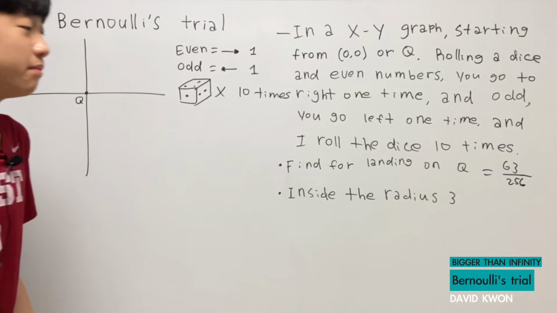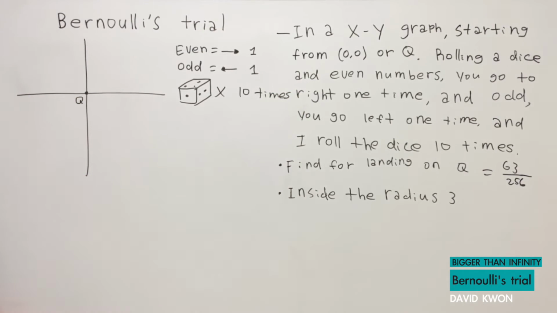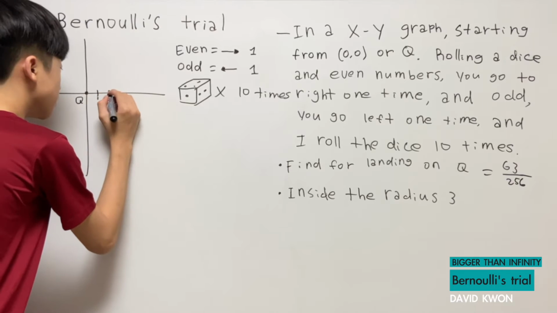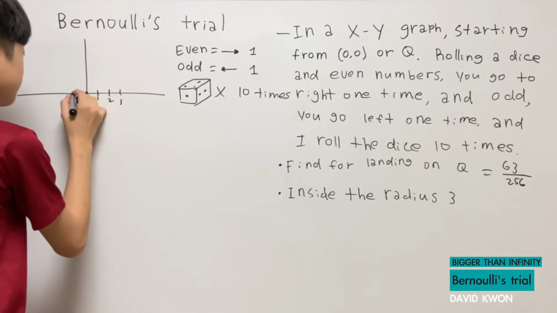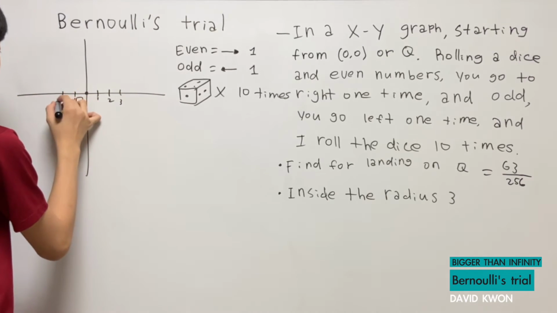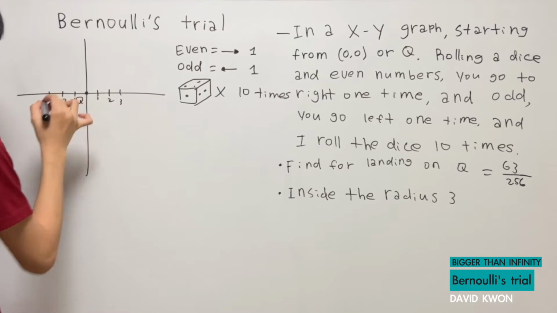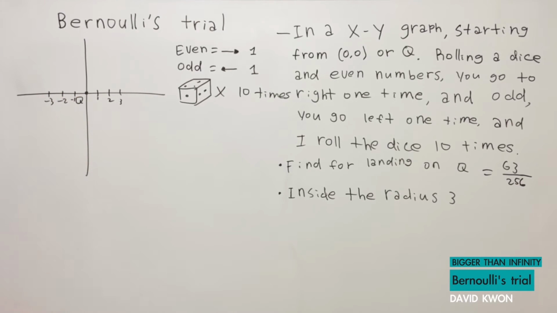And what's the probability of it being inside the radius 3? This is 1, 2, 3. This is -1, -2, and -3. When it is inside the radius 3, it shouldn't touch the 3. That's like calculus we've learned, right? It shouldn't touch the 3.